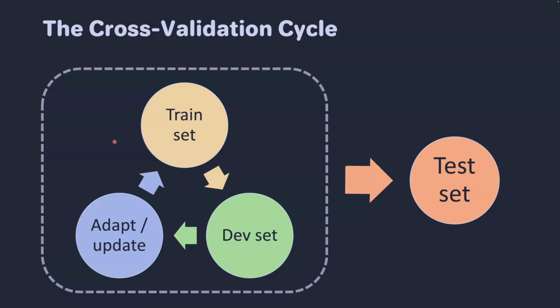There is a term in this cycle that they sometimes refer to as researcher bias. Think about it this way: you have some training data and you have some test data, and then you're updating your model and parameters to improve the performance on that dev set, or validation data set.